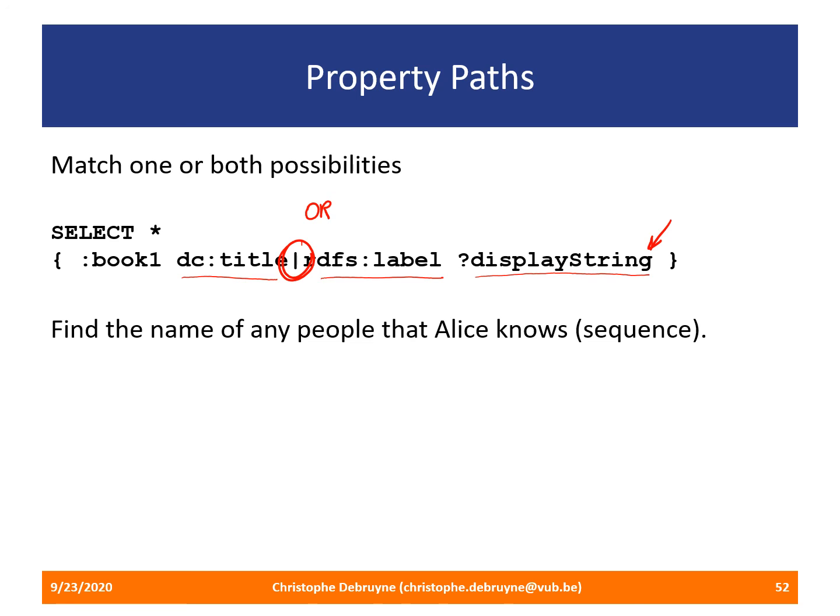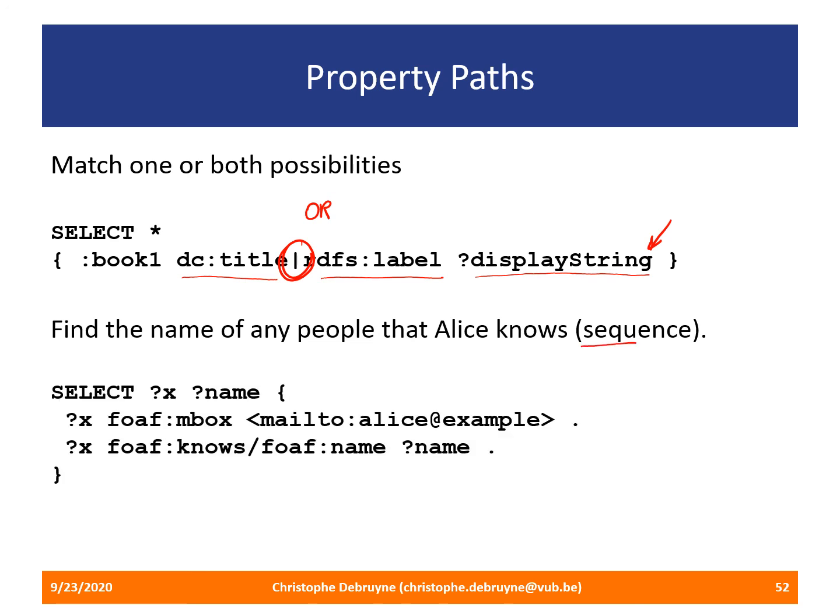Now, in the other example, we want to find the name of any people that Alice knows. So that's a sequence. So we are looking for all the names that Alice knows. So we will assign the resource identifier or blank node identifier of Alice, because she's identified with this email address.